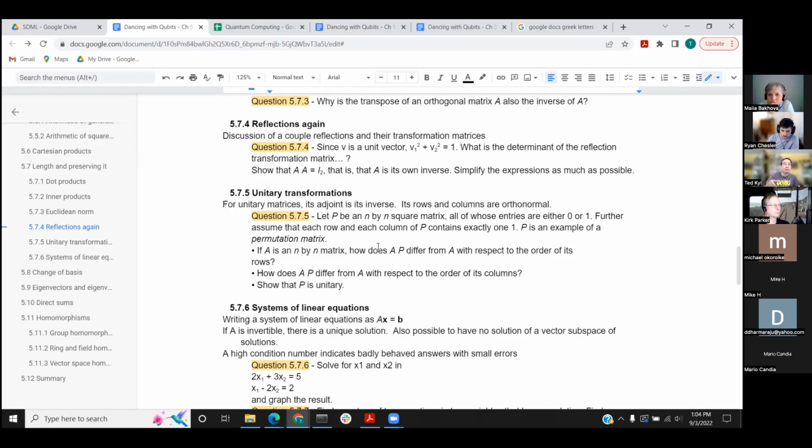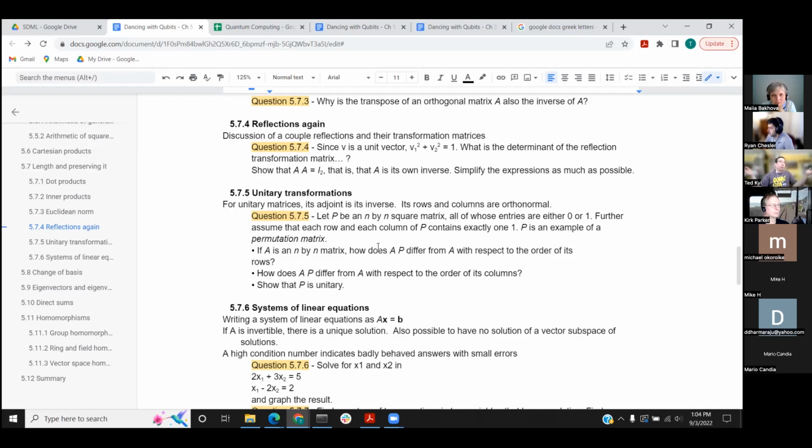Since they're length 1, you're always going to get ones on the diagonal, and zeros everywhere else if you take the inner product with any of the other orthogonal vectors.